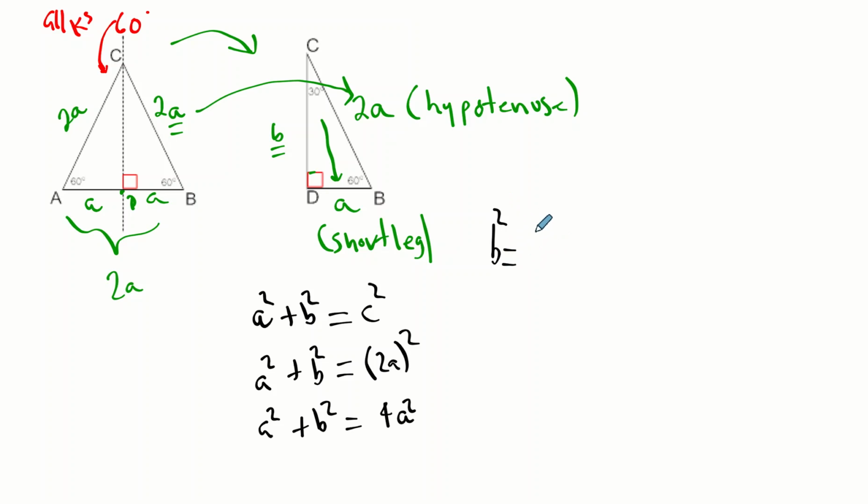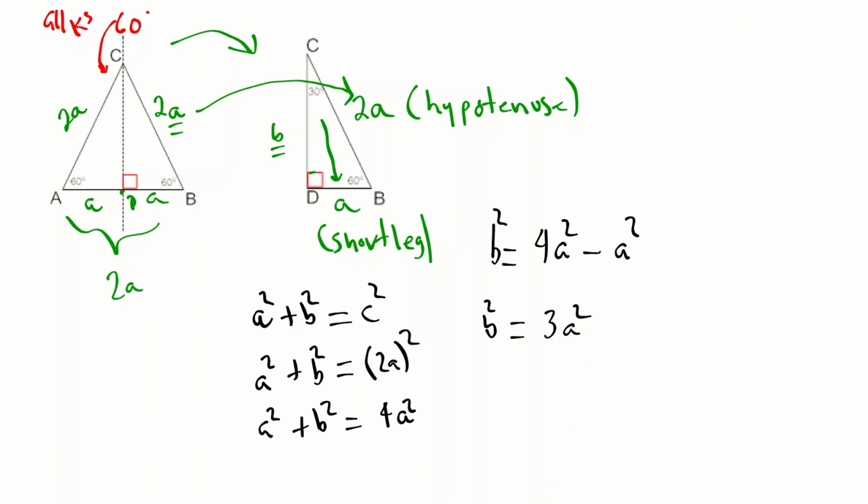You get b squared is equal to 4a squared minus a squared. Let's clean that up a little. We can combine like terms on the right hand side, so 4a squared minus a squared, we end up with 3a squared.